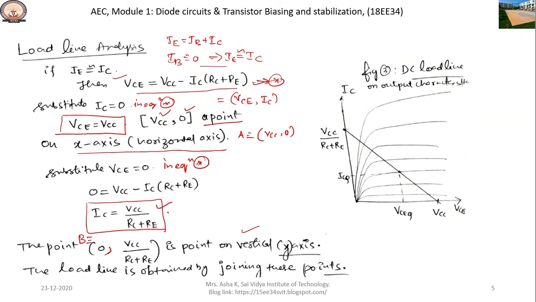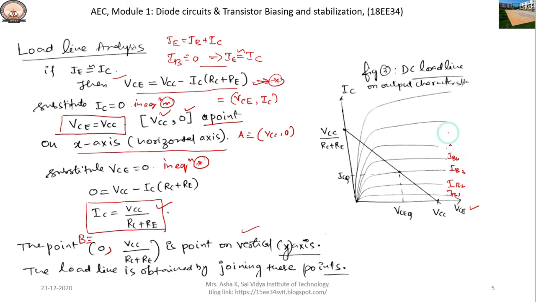For common emitter configuration, the output characteristics curve is the variation of the collector current with variation in the collector to emitter voltage by keeping the input current constant. Here the input current is the base current.